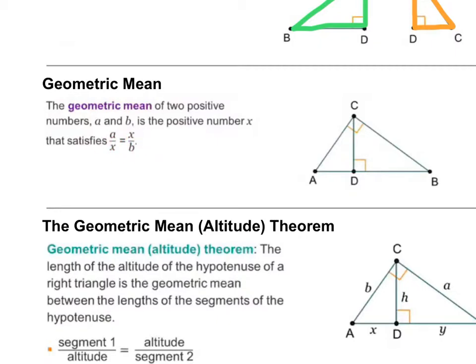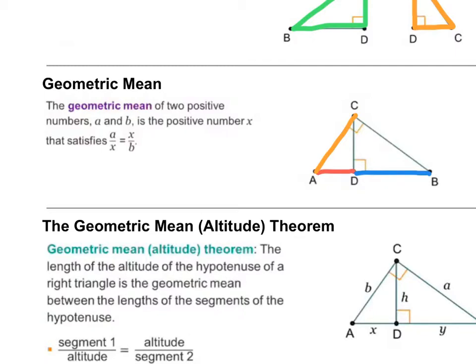So the proportion that we can write is that if I were to take segment AD, and then I'm going to draw another segment for DB, we can relate those two sides, and that's the hypotenuse of my big triangle here, to the leg of one of the smaller sides.